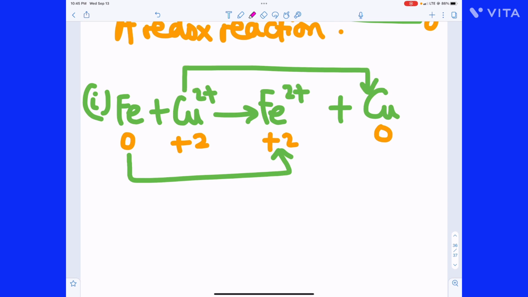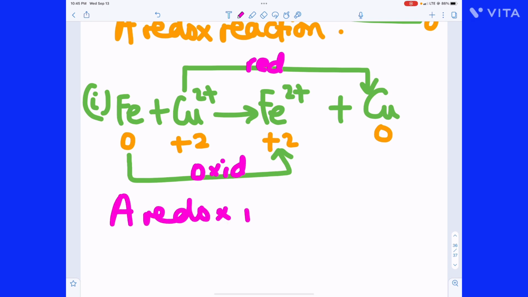So this one is what? Reduction. While this is what? Oxidation. So this is definitely a redox reaction.